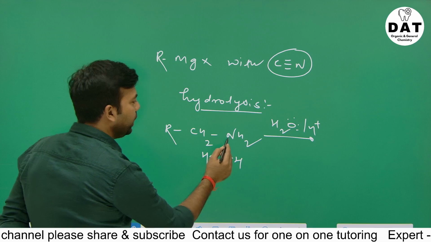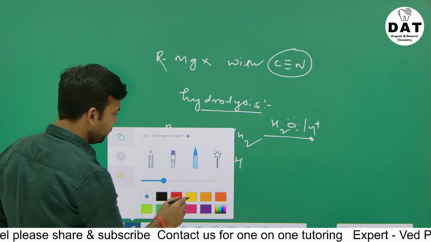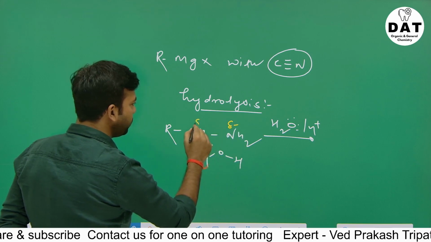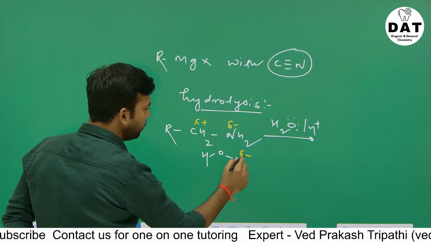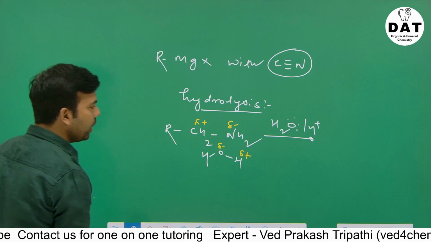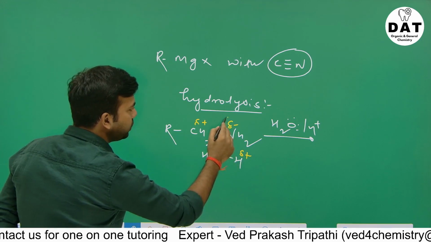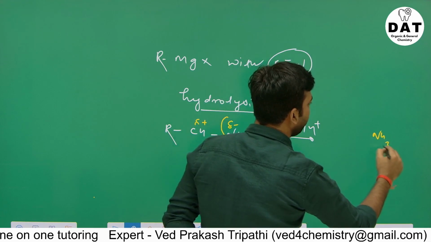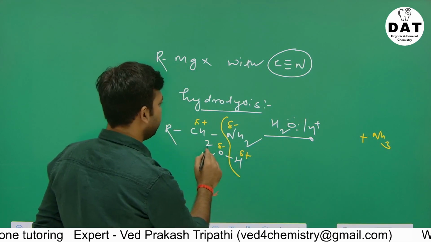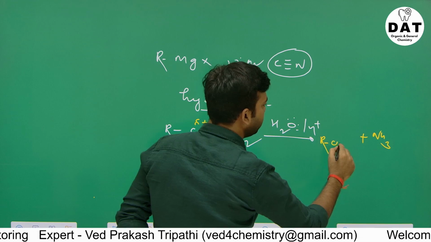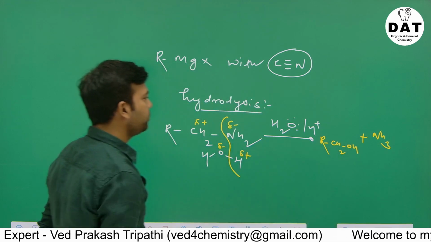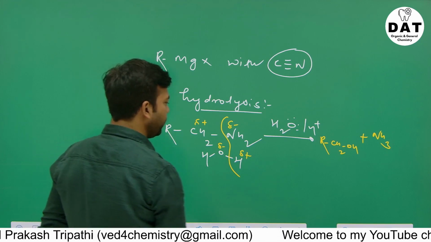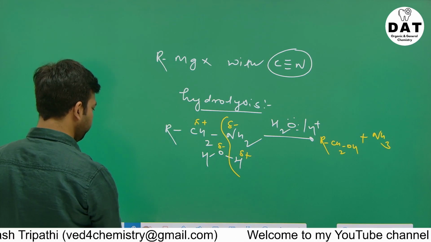So you can mark negative, positive, positive, negative. Now look at the interaction: this negative grabs this positive hydrogen, so it becomes ammonia, and here RCH2OH. Clear?